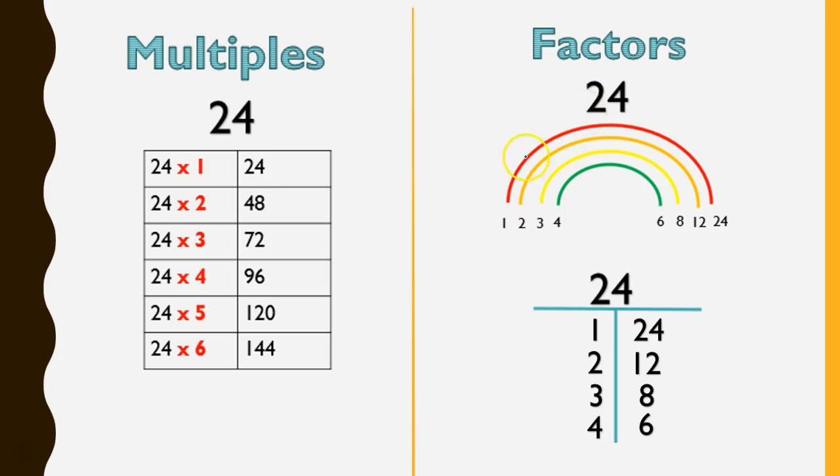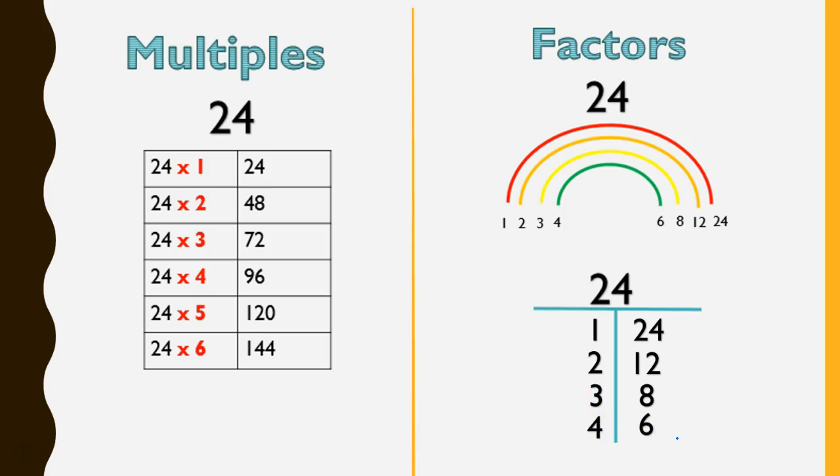So we found that 1 times 24 equals 24, 2 times 12 equals 24, 3 times 8, and 4 times 6. Or you could put it in a T-chart like this. 1 times 24, 2 times 12, 3 times 8, 4 times 6. These are a small list of factors. You'll notice that the factors of 24 are either going to be equal to 24 or less.